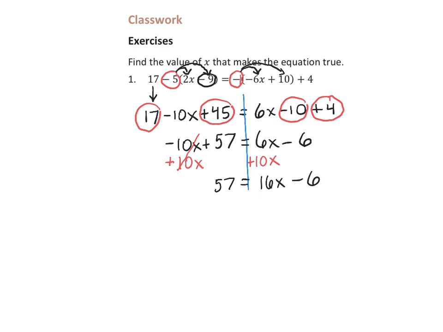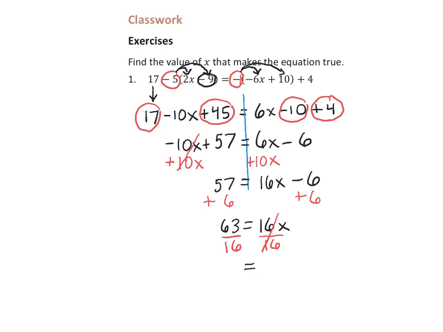So now you have something that hopefully looks very familiar to you. You simply have a 2-step equation, so you add 6 to both sides, and you end up with 63 equals 16x. Now, none of the things we do today will work out beautifully, so you might have to use your calculator. I don't have a calculator with me, so I'm going to leave things in fraction form or turn them into decimal using long division, but I fully understand if you're going to be opening up a calculator tab and would expect that.